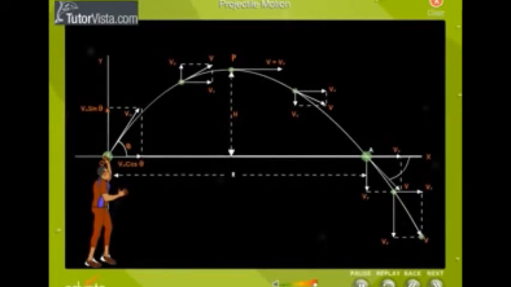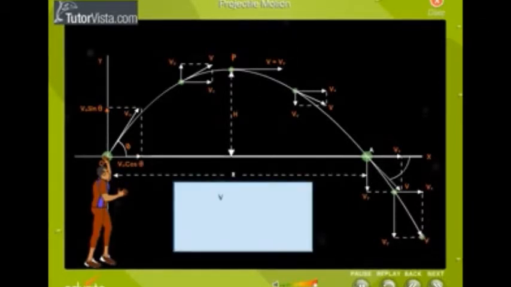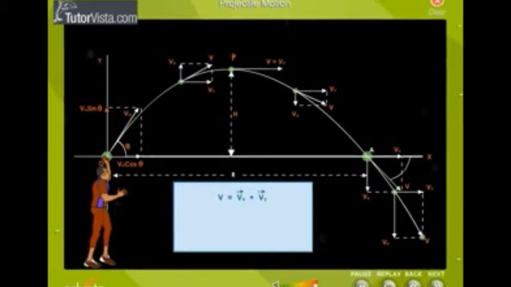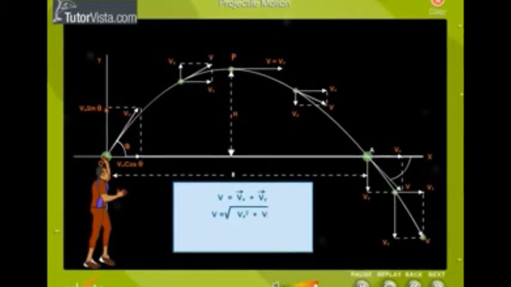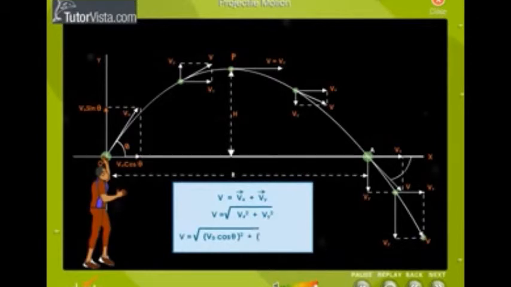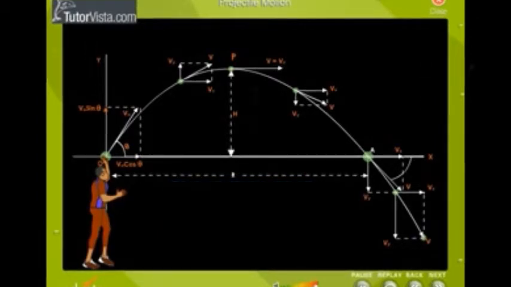Let us now find out the resultant velocity of the projectile at any instant. The resultant velocity v is equal to vector vx plus vector vy. By parallelogram law of vectors, v is equal to square root of vx squared plus vy squared. v is equal to square root of (v0 cos theta) whole squared plus (v0 sin theta minus gt) whole squared.